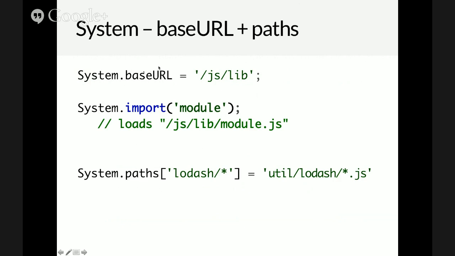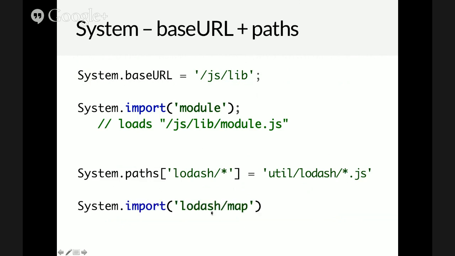So system supports the base URL by default, and it also supports the paths configuration by default. And the paths configuration looks like this. If I wanted to say that, hey, any Lodash module, go look for that in util Lodash, and then we'll replace whatever's wildcarded here and put that in here for the final path.